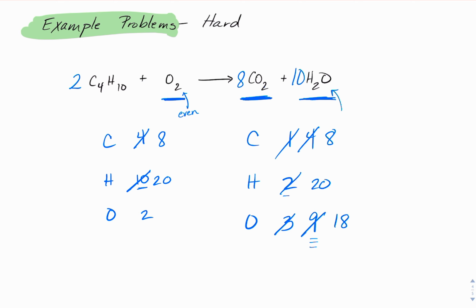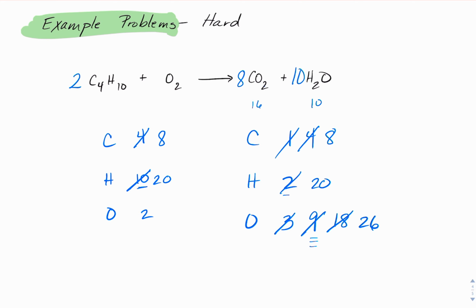For hydrogens. But now our oxygens are way different than what we've had before. So let's retabulate the right hand side so that we can figure out what to do with the left. With this particular one, we now know that the number of oxygens under H2O is 10, and the number of oxygens under CO2 is going to be 2 times 8, which is 16. So total those up, that's 26. A really neat thing happens here.